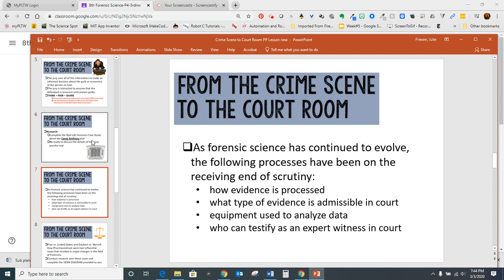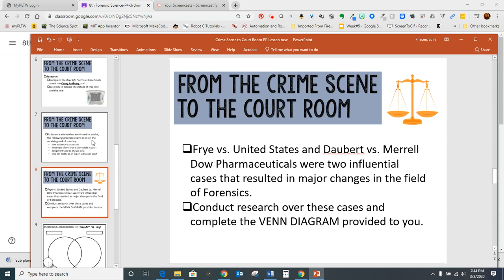So today, what you're going to do is research. You're going to be looking at these two court cases. The first court case is Frye versus the United States, and that's a very interesting case. It happened back in 1923, and this was the first case where somebody tried to use a lie detector test as evidence in the trial.